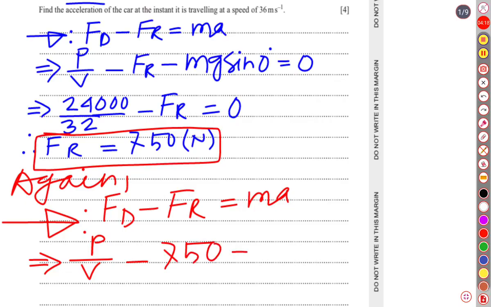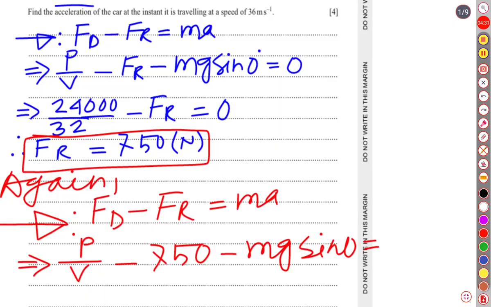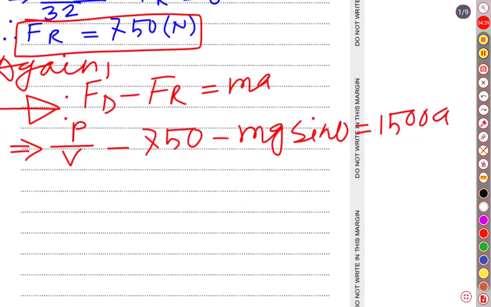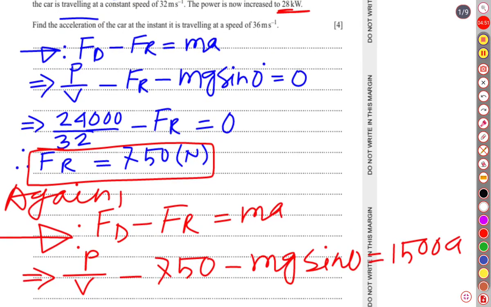And we are not ignoring weight also, mg sine 0 degree, is equal to mass of the car, which was 1500 kg, into acceleration. Now we are going to substitute the values. Power is now 28 kilowatt. So 28,000 over velocity, which is 36.